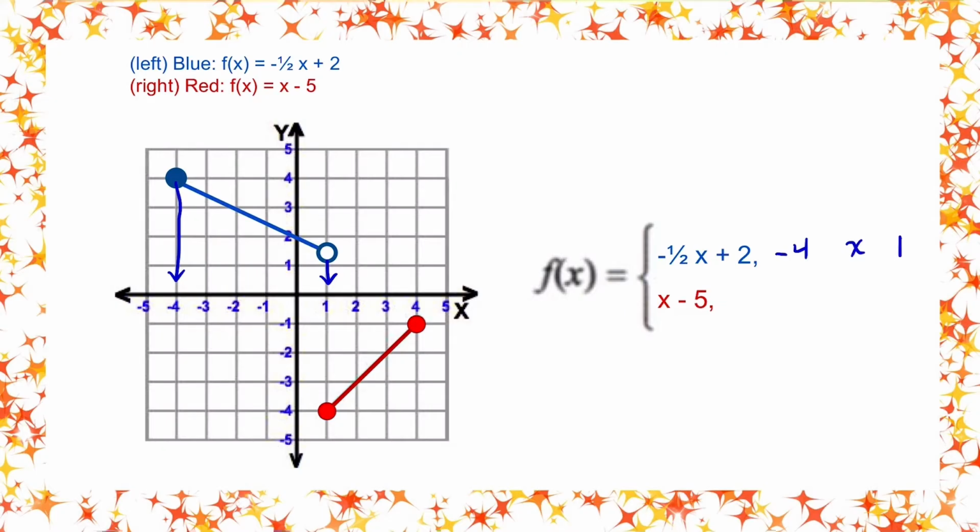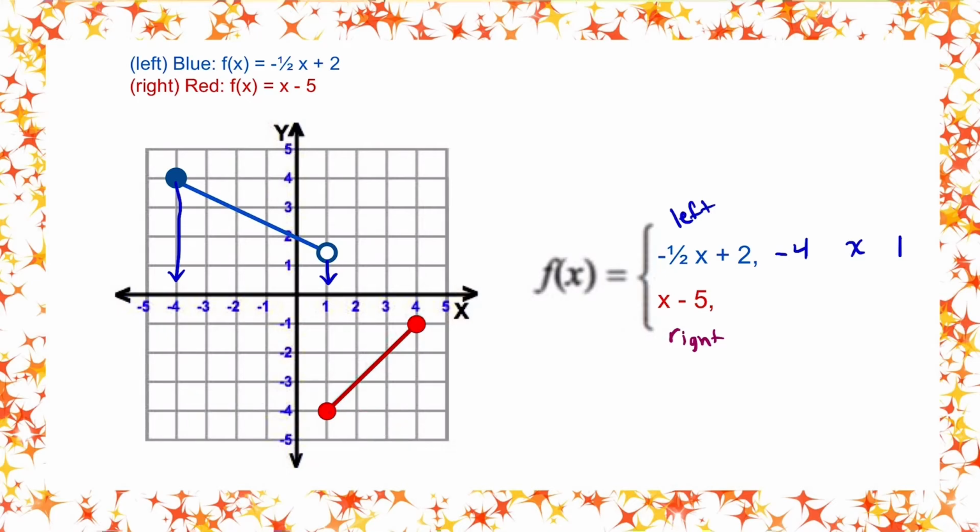And this notation just means that I'm going to have two different domains, so I want to have space for them. The blue one, the one on the top, is always going to be the one that's furthest to the left, and then the one on the bottom will always be the one furthest to the right of your graph. So blue is on the left, red is on the right.